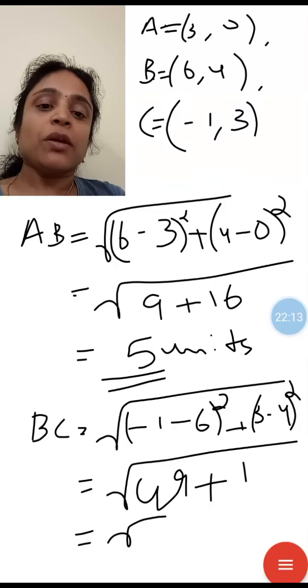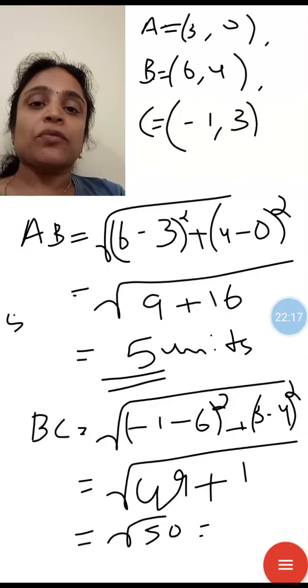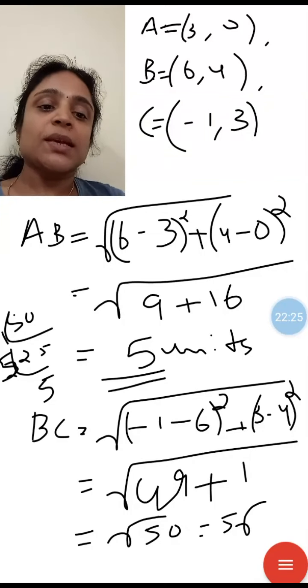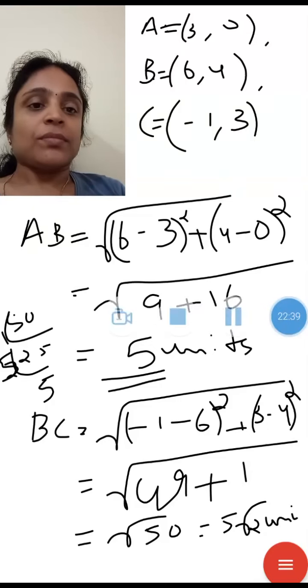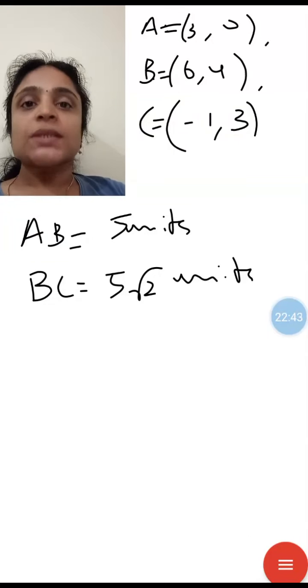And what is root of 50? If you factorize this 50, you will get 2, 25, 25, 5. So 5 root 2. BC equal to 5 root 2 units. Now we got AB equal to 5 units and BC equal to 5 root 2 units.